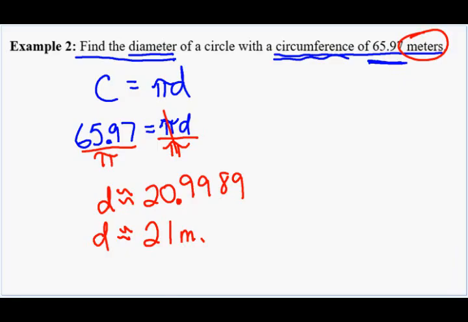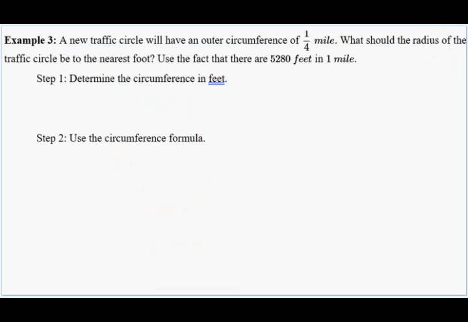Okay, let's see what's next. Example 3. We are building a new traffic circle. It would have an outer circumference of 1/4 mile. What should the radius of this traffic circle be, rounded to the nearest foot? And then they give us a little fact that there are 5,280 feet per 1 mile. So here in step 1, determine the circumference in feet.